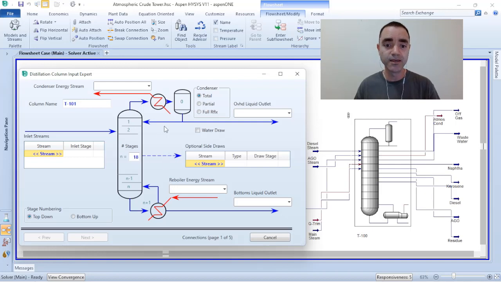So in this way, if I am using a total condenser, instead of using 18 trays in my distillation column, I would use 19. The number of stages in the Aspen simulation here represents the number of trays, but it is not necessarily the total number of stages of equilibrium that you need for your process.